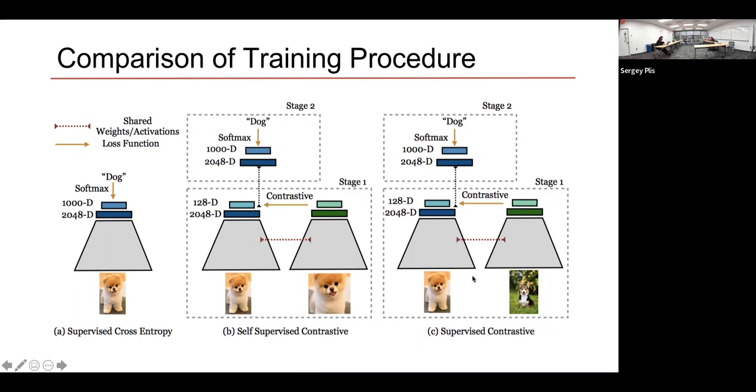So this is stage 1. Stage 1 is totally related to the training of the encoder network, basically. And in the second stage, they trained a linear classifier on top.